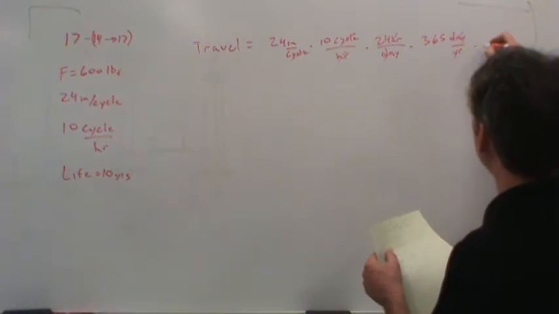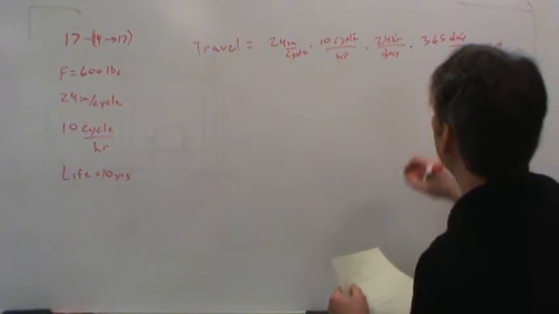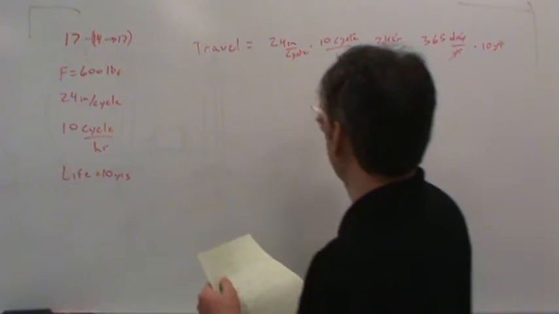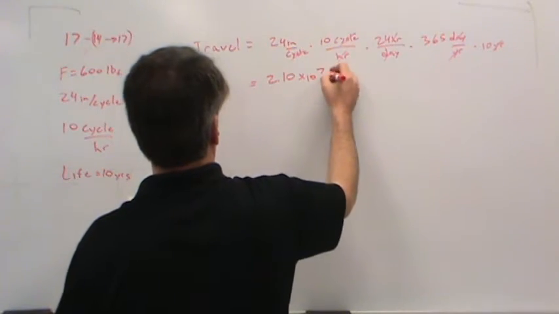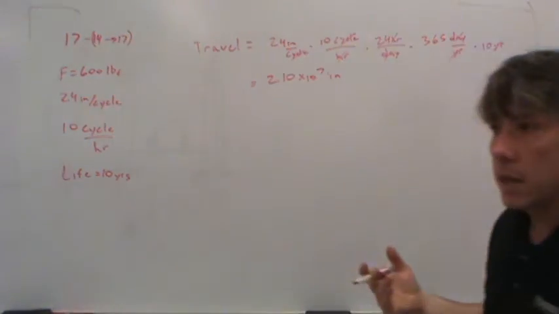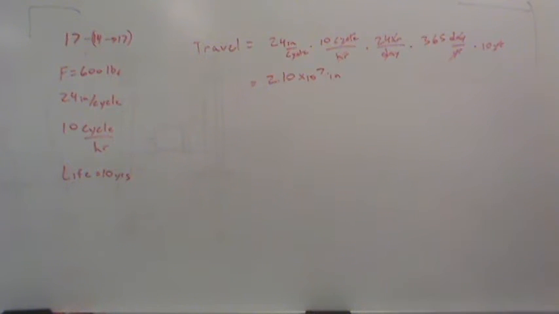And then finally, 10 years worth of life. Multiplying all that out, you find a total travel of 2.10 times 10 to the 7th inches. That's the distance that this screw is going to move in its lifetime.